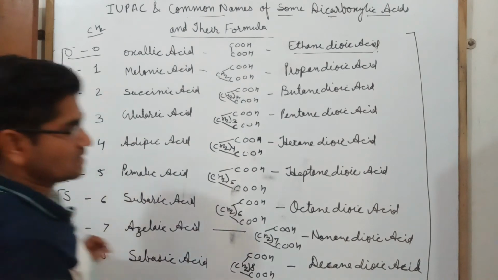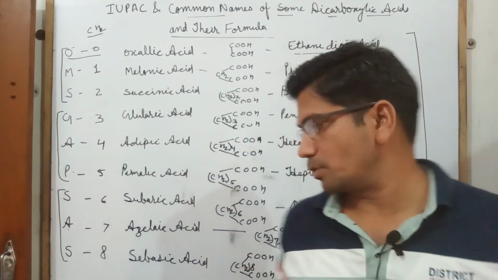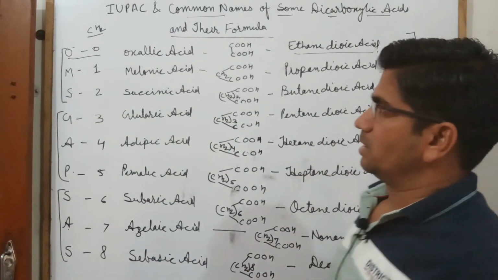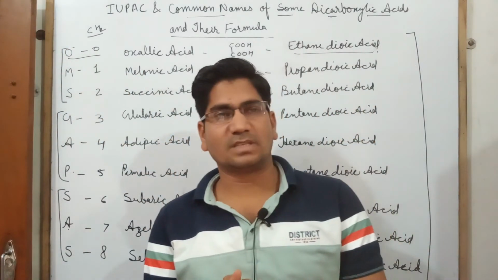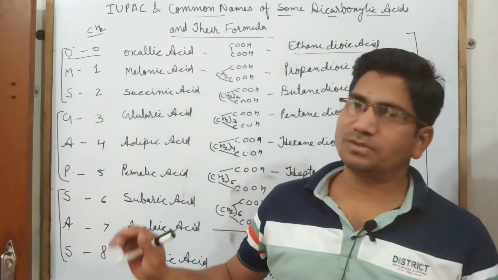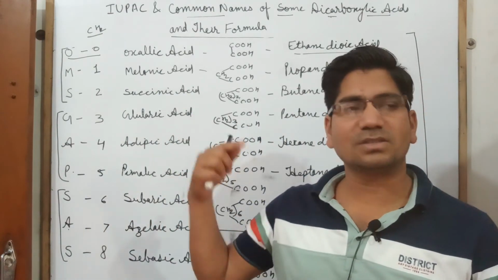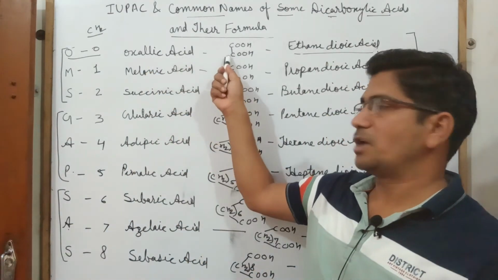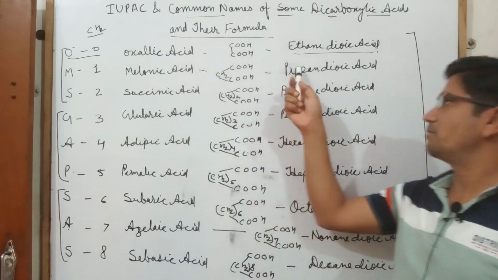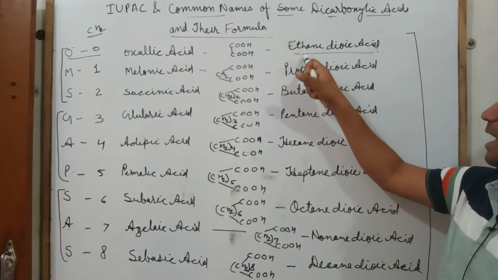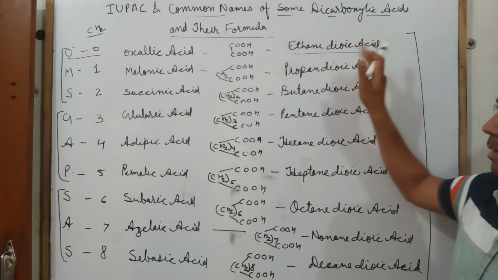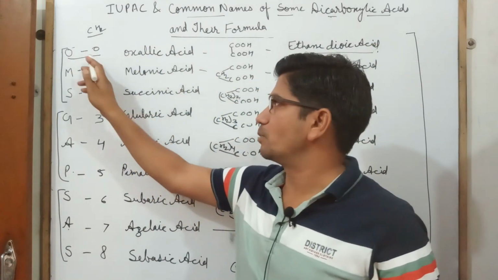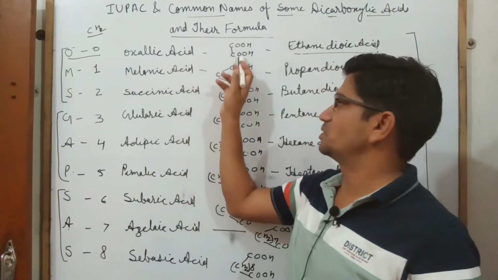So guys, we are going to take a quick review again. What will be the structure of oxalic acid? The number of CH2 will be 0, so the structure is COOH-COOH. The IUPAC name, I think you won't have a problem: ethanedioic acid.